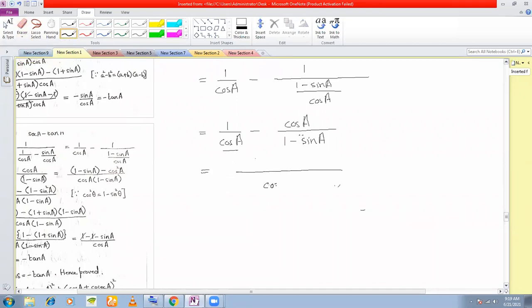We write cos A into 1 minus sine A. And now you have a cos A here. That means here I must have 1 minus sine A. And here I have 1 minus sine A. So here I must have cos A into cos A, which is cos square A. Right? So now you open the brackets and take cos squared 1 minus cos squared together.